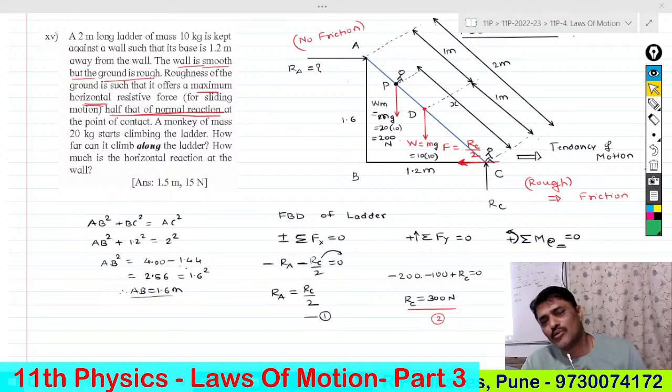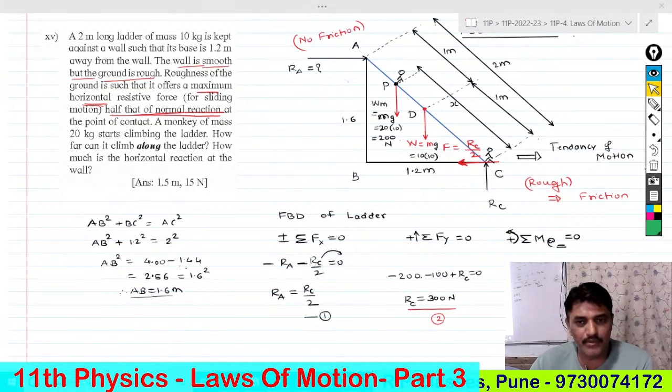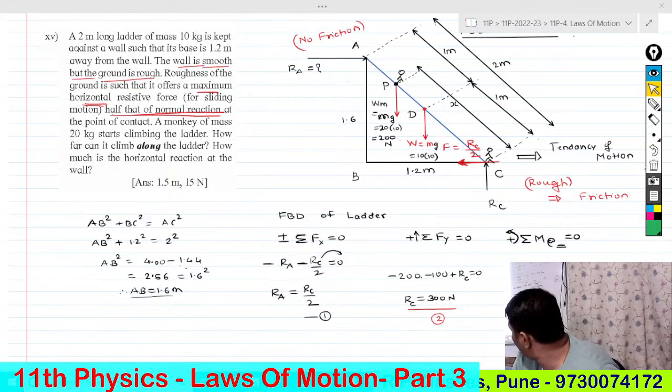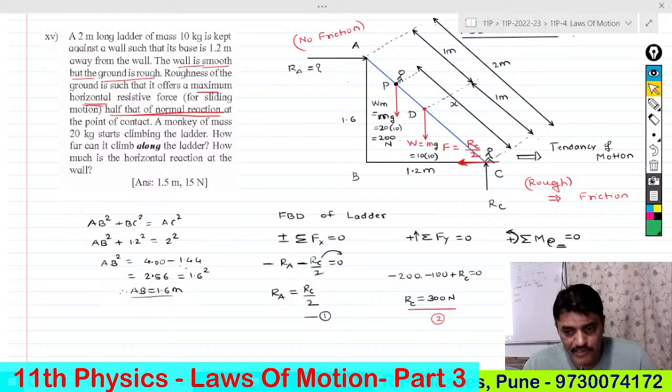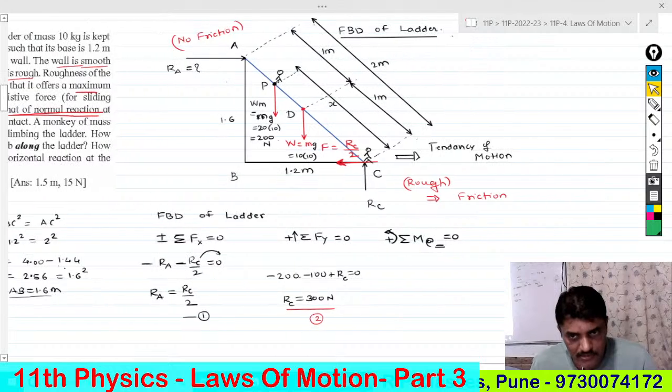And the next thing that I have to write here is the moment equation. So I'll take moment about any convenient point. So I'll have to write down the moment equation here.